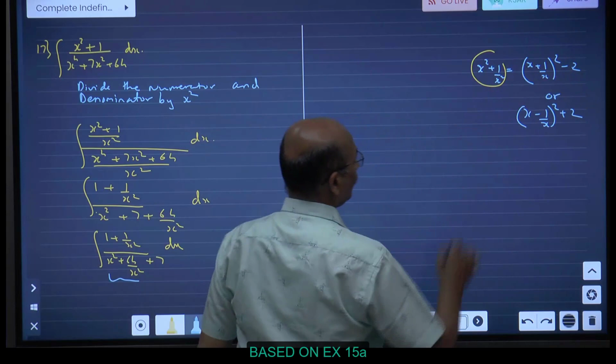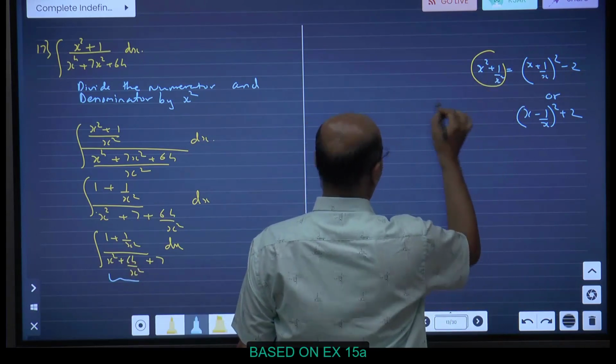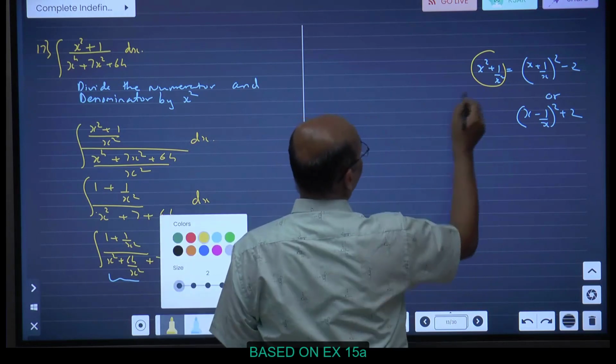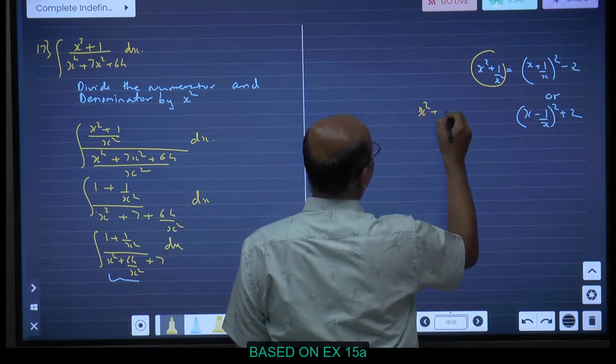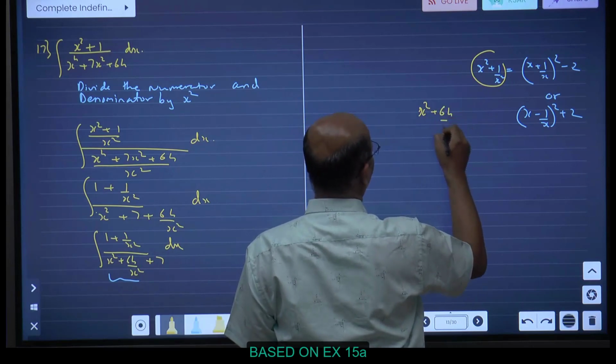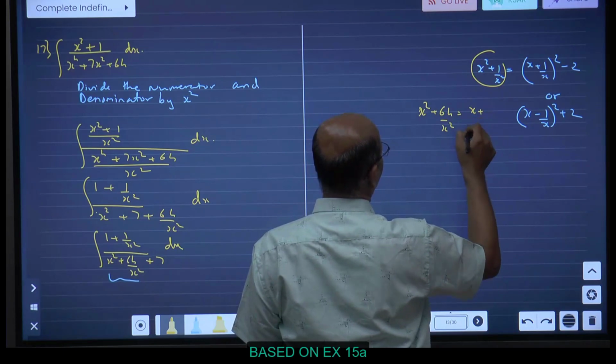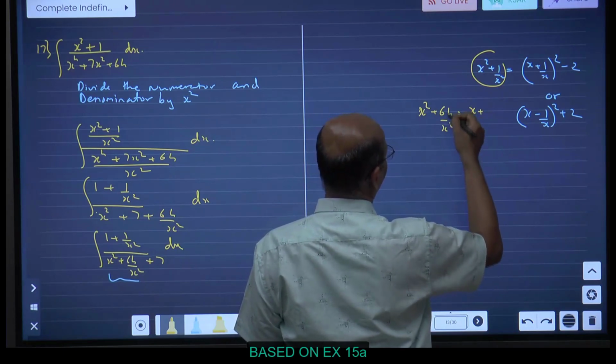So what happens now? Suppose I say x square plus 64 upon x square. This is equal to x plus 8 upon x whole square. This is a perfect square, keep that in mind.